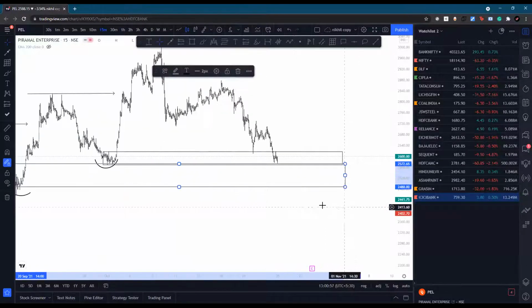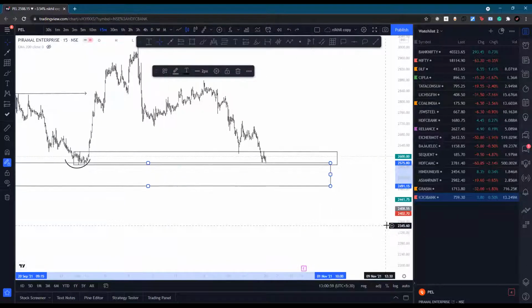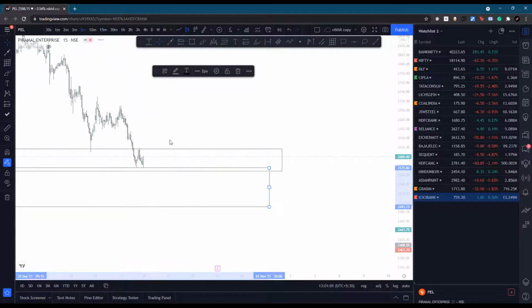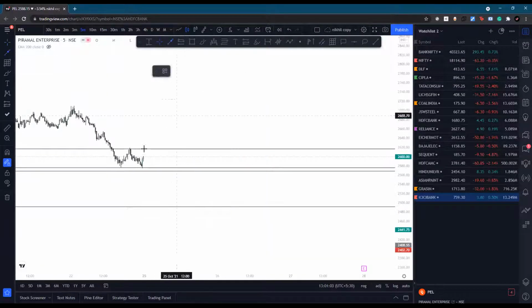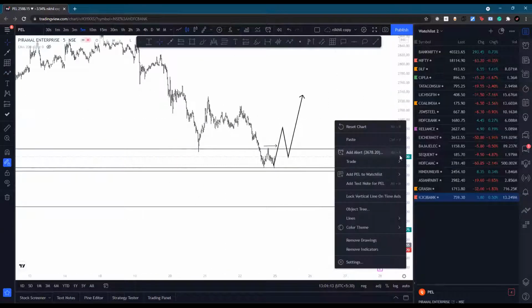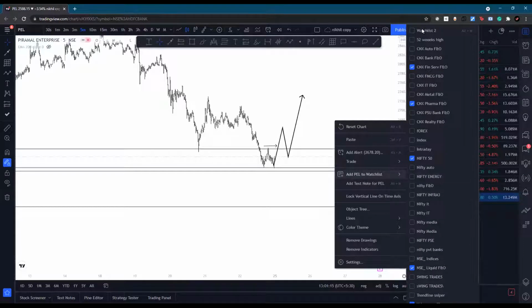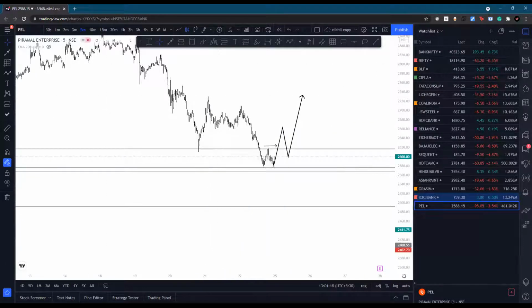That's why for a confirmative entry, we'll look for an entry on the lower time frame. Let it build that structure, order block level, and then we can enter. Okay, so this is a good stock. We can also watch on Monday.